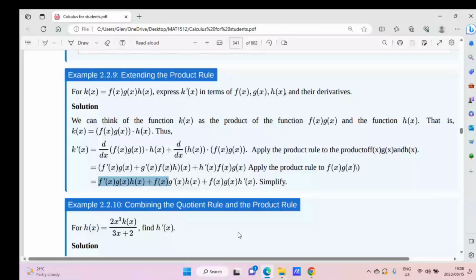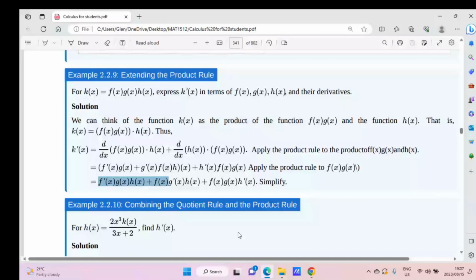Lumis, what did you get, brother? In the numerator, sir, I got 6x raised to the power 4 multiplied by k prime of x, and then plus 24x raised to the power 3 k of x, and then plus 4 raised to the power 3, k prime of x.